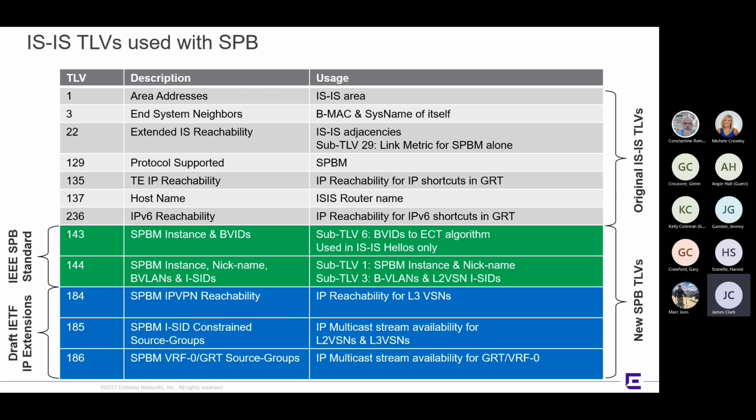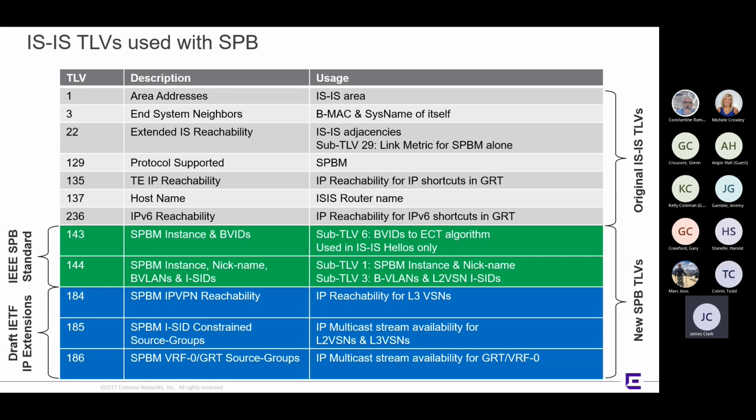Okay, so you mentioned type length values, TLVs. These are the ones that are somewhat commonly known and used. We break these down so that you can look at them. For example, we covered IP shortcuts in the last couple of sessions. So 135 would be the well-known one for IP reachability, for the switches that are part of the fabric.